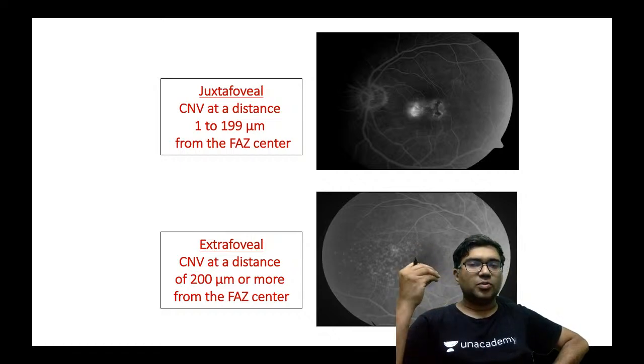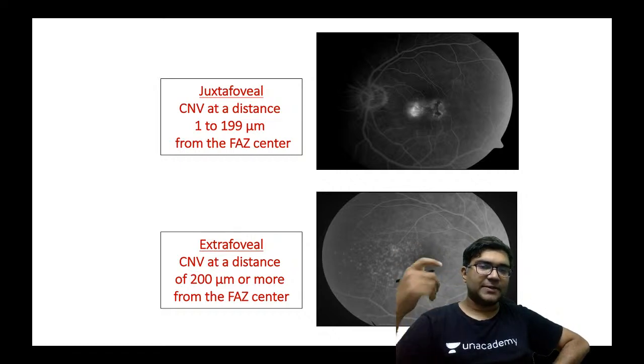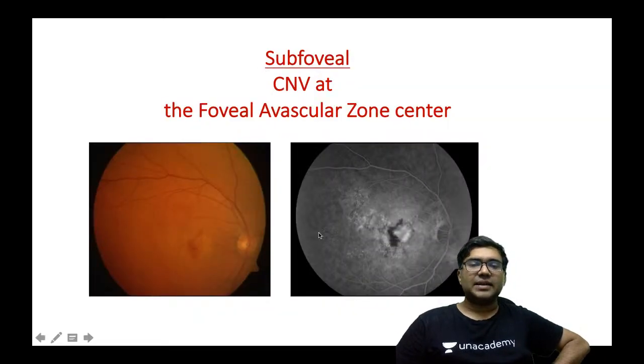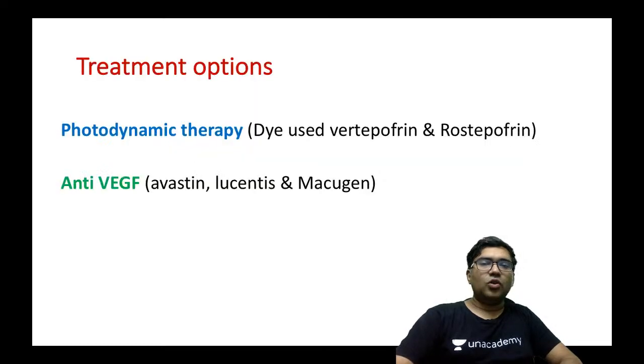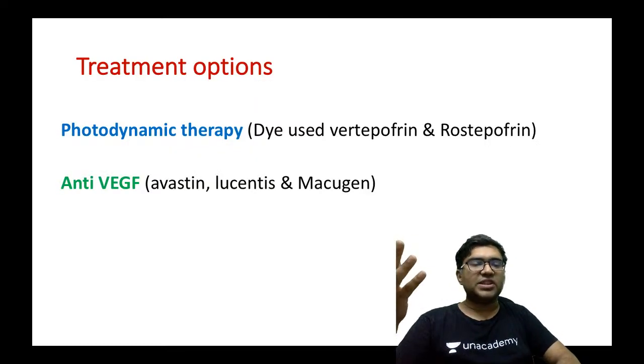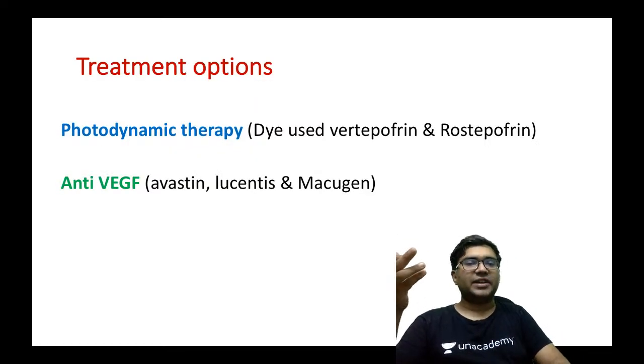Which one is the most dangerous for the patient? The most dangerous is the one most near the center of the macula. So subfoveal is most dangerous for the patient. Is it clear, Dr. Anurag, Dr. Binaya?